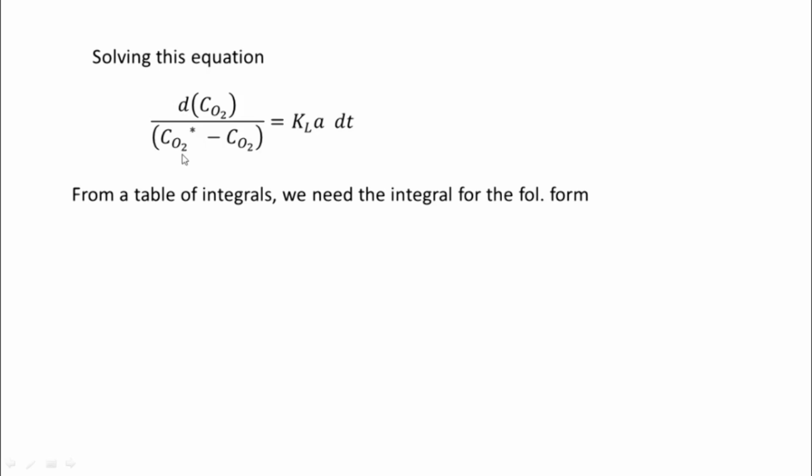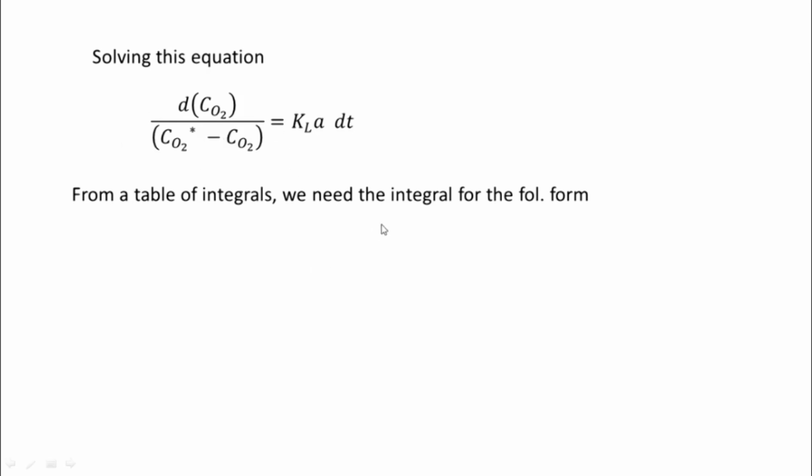If you solve that differential equation, taking appropriate terms to their sides: dCO2 divided by (CO2 star minus CO2) equals KLa dt. From the table of integrals, because this is of the form dx by (a constant minus x), we don't need to reinvent the wheel.